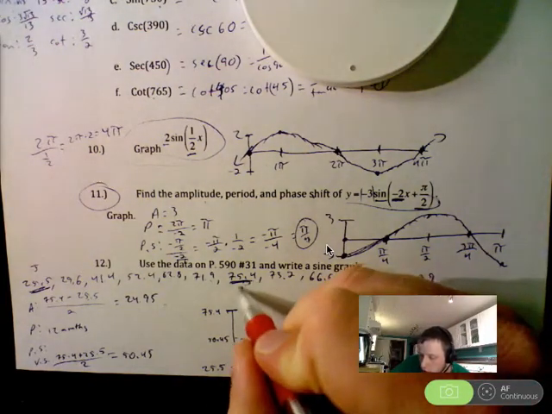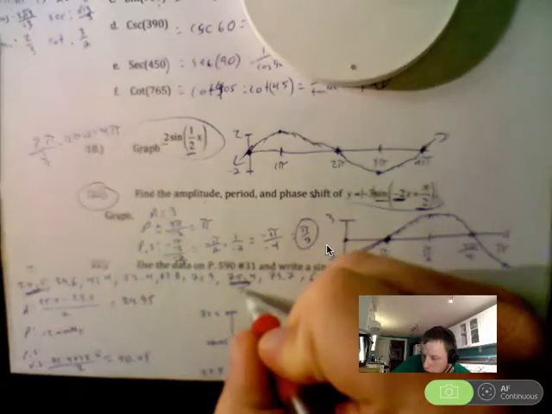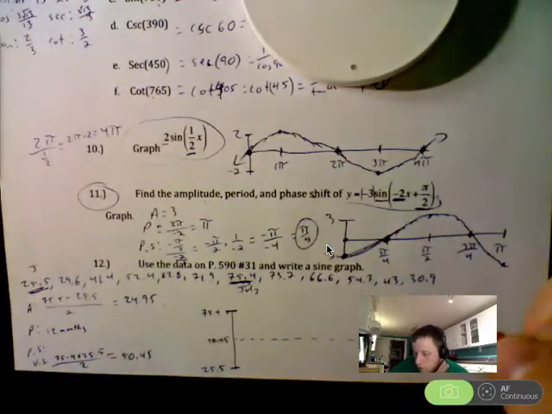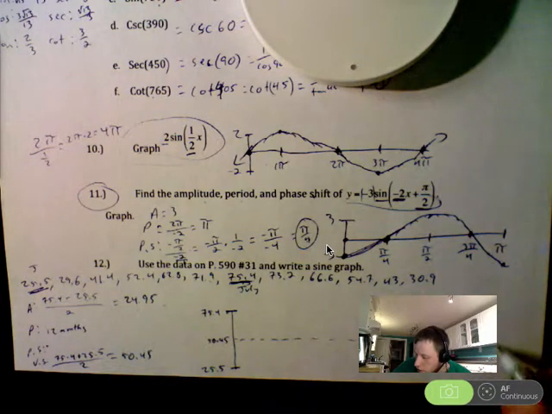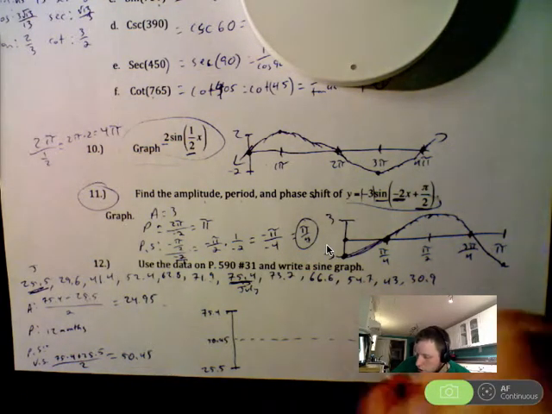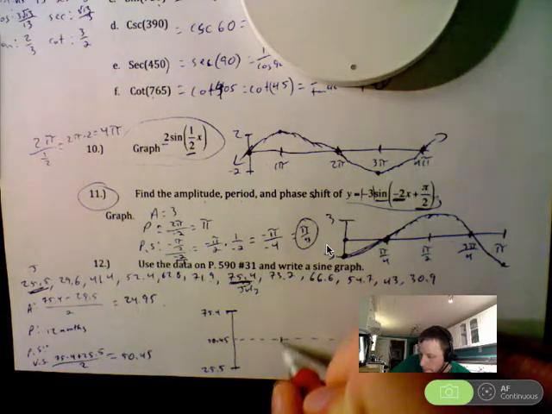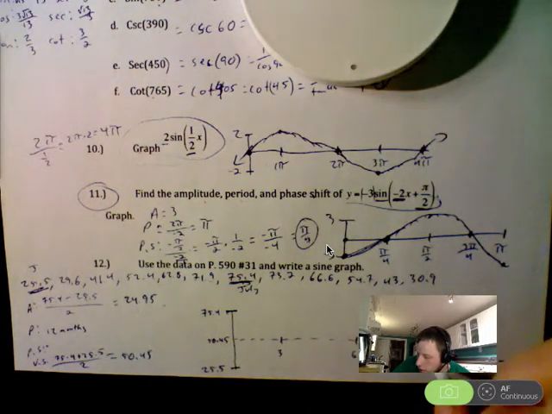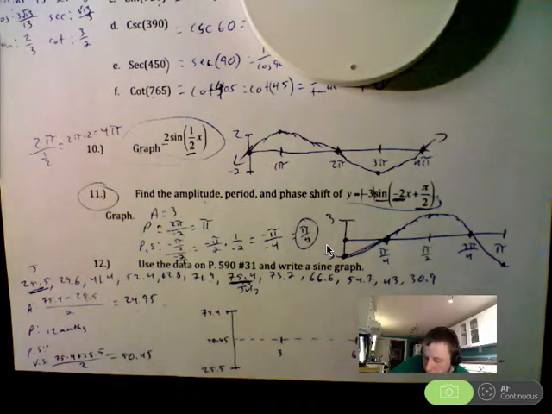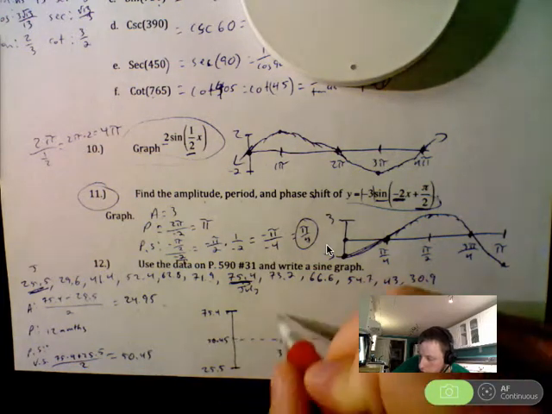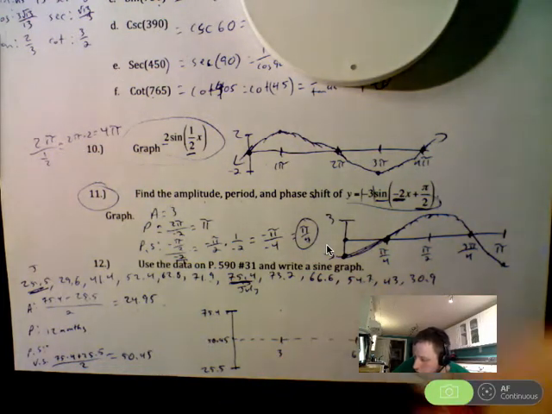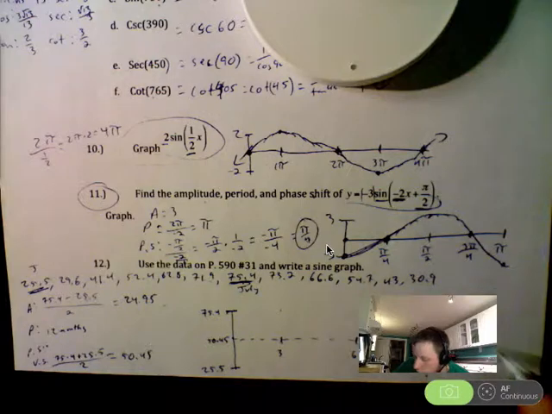So our July is our hottest month, and January is our coldest month. Now, our phase shift, here's 12 months. So here's 6 months, 3 months, 9 months. Now, this is a sine graph, so we would start here, up here, down here, and here.